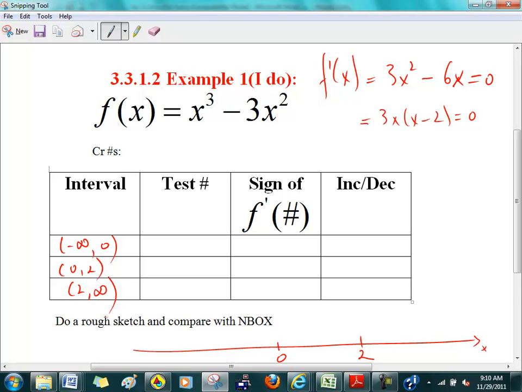Okay, so between negative infinity and 0, pick a test point. Pick a number. Negative 1. Put it in this factored form of f prime, and then tell me whether the result is negative or positive. Positive. Function increasing or decreasing?